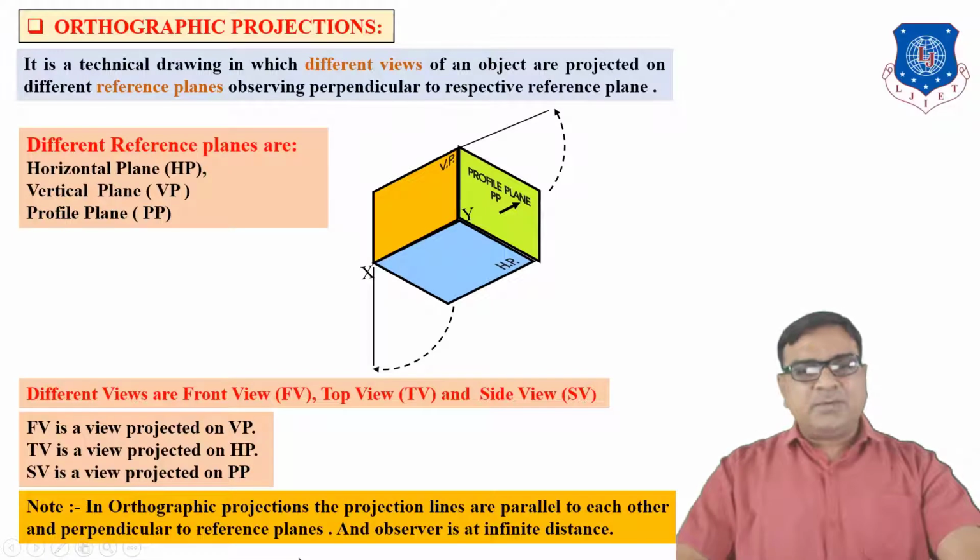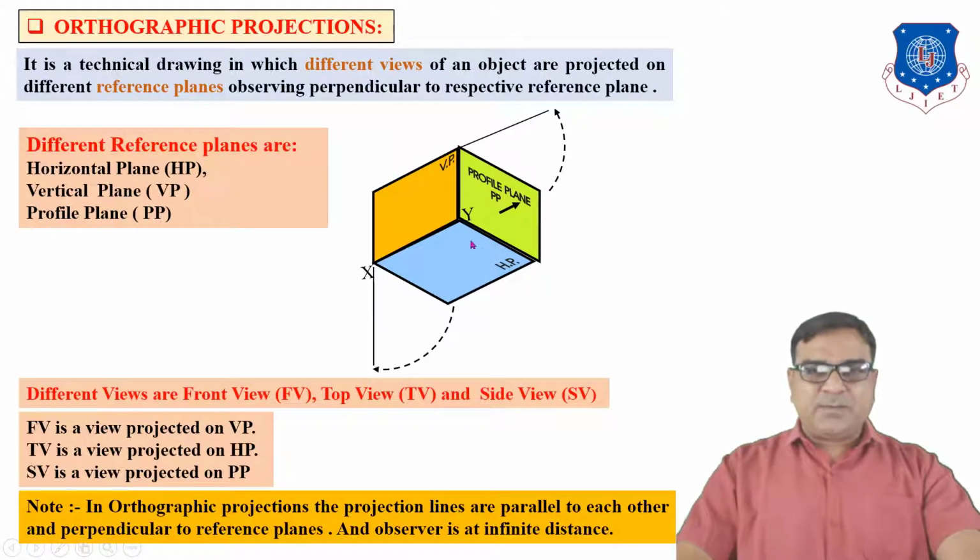In orthographic projections, the projection lines are parallel to each other and perpendicular to the reference planes, and the observer is at infinite distance. This is our first quadrant; we put an object here and observe from here, which is the position of the front view, and the projection of the object is obtained on the vertical plane.